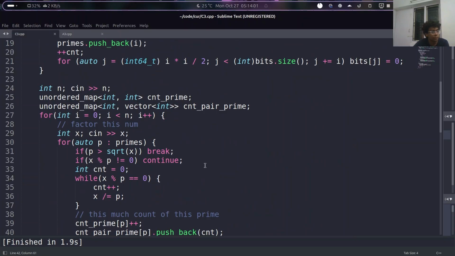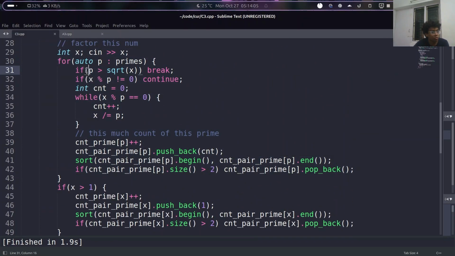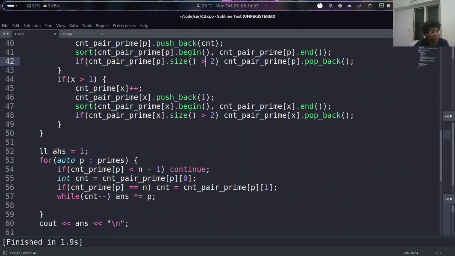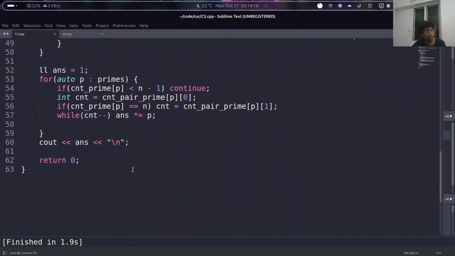Also, you need to keep in mind that this method will not factorize fully. What if p was exactly equal to the square root of x? In that case, we have this check. If x is greater than 1, then obviously x is a prime, and we do all this stuff for x. Fine. Now, what next? We start with the answer 1. For each prime, if this prime appeared fewer than n-1 times, obviously it won't be included, right? We explained that.